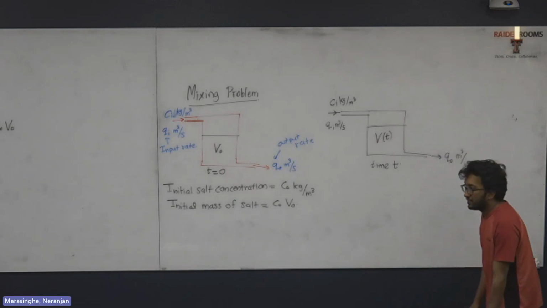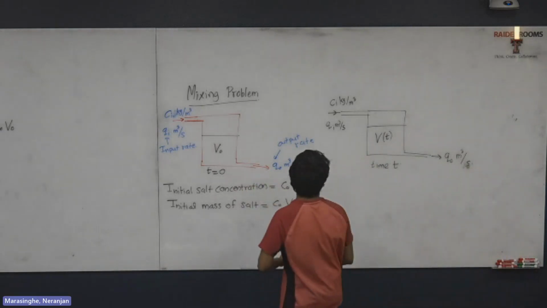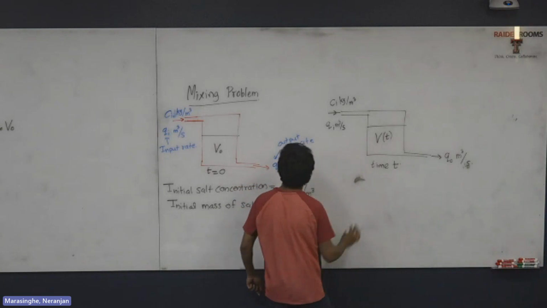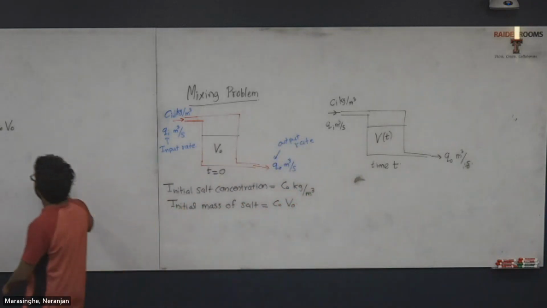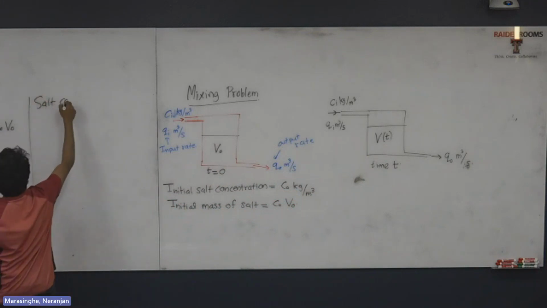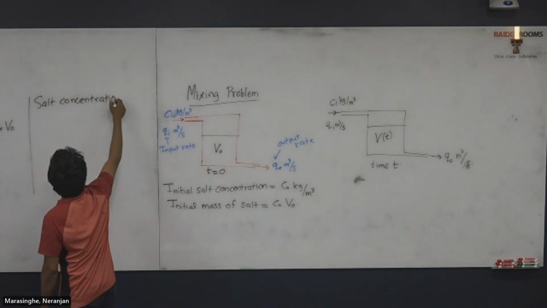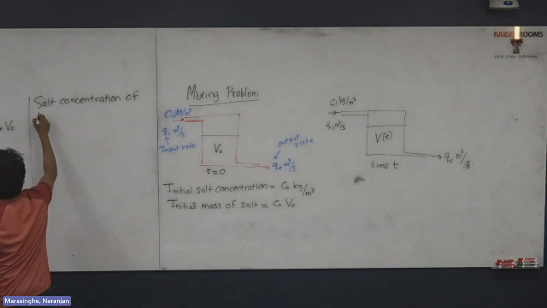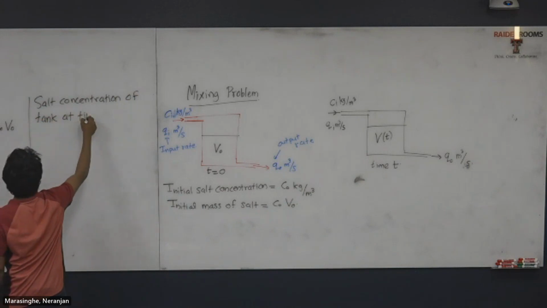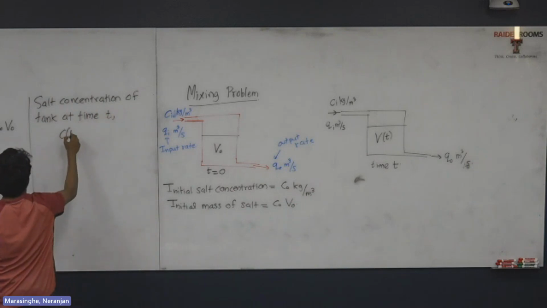We know the mass of the salt, so I would call it the salt concentration at time t, C(t).